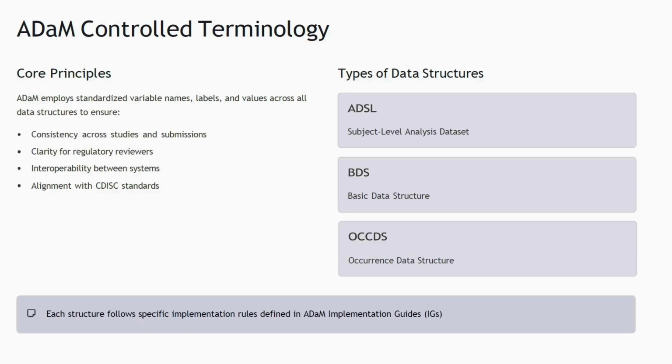ADaM employs standard names, labels, and values across all the data structures to ensure consistency across studies and submissions. It gives clarity for regulatory review, interoperability between systems, and alignment with CDISC standards. Each structure follows the specific implementation rules defined in the implementation guidelines.